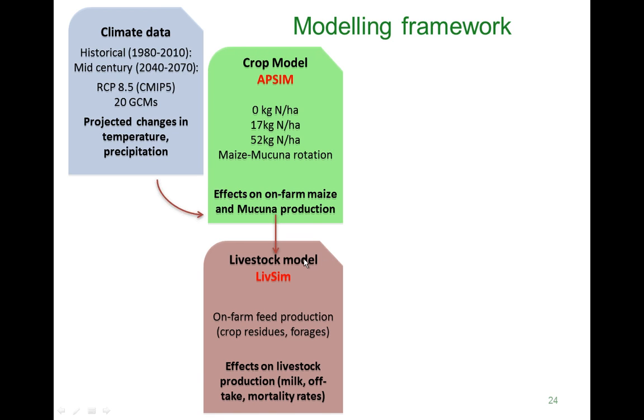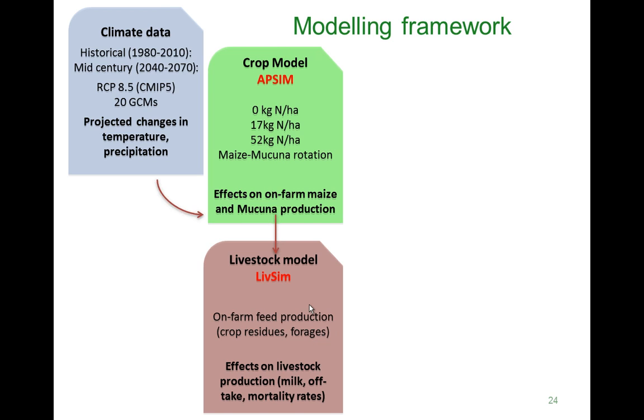The results from the crop model were then fed into the livestock model, and we used LiveSim as a livestock model. And so basically here you can see that we only took the effects of climate change on crop production and therefore on crop residue production into account in our livestock model exercises.